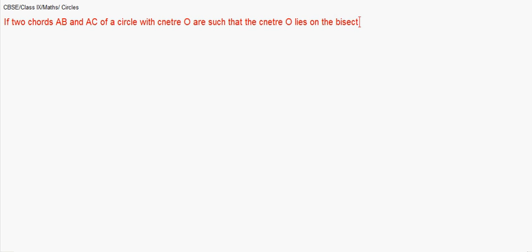It says if two chords AB and AC of a circle with center O are such that the center O lies on the bisector of angle BAC, prove that AB is equal to AC. It is just, I think, the converse of the previous one.